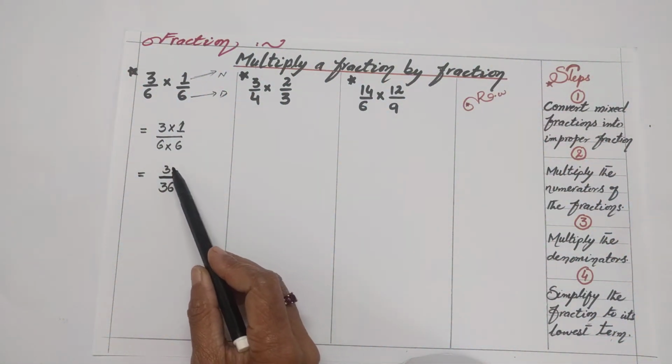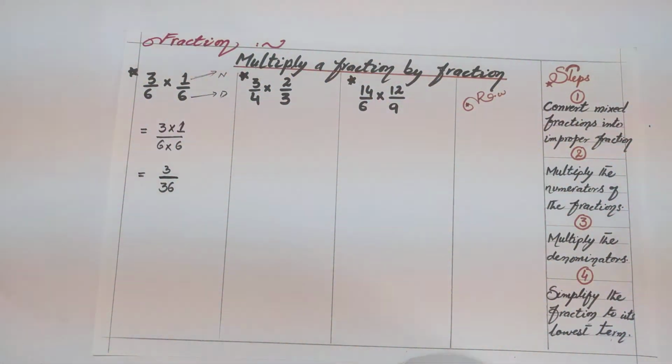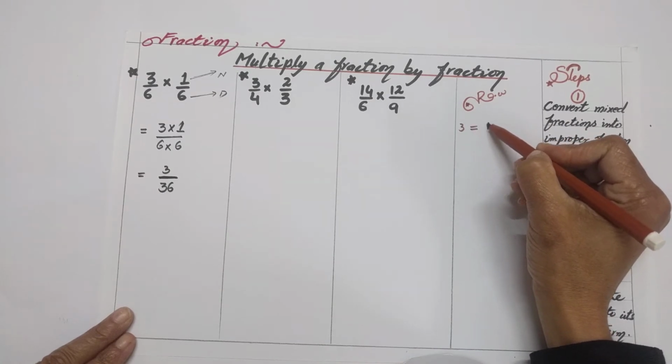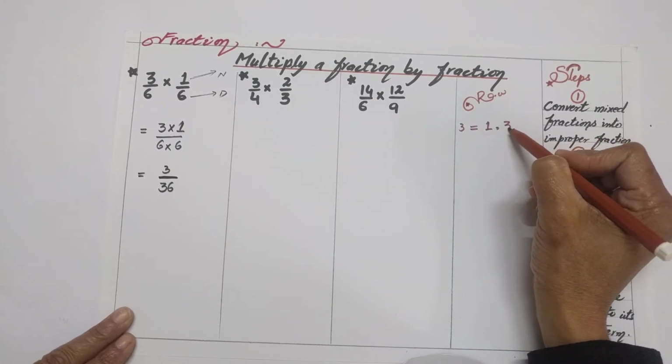So firstly, we have to check the factors of 3 and 36. Let's start. What are the factors of 3? As 3 is a prime number, the factors of 3 will be only 1 and 3.